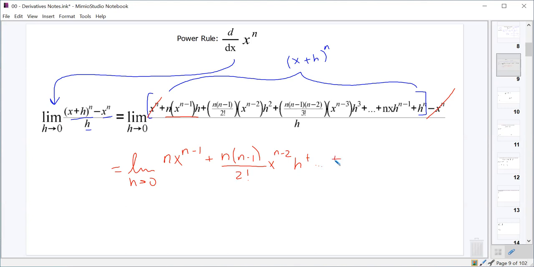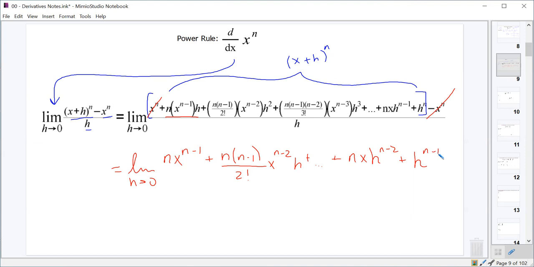And then this second to last one here, if I divide n h to the n minus 1 by h, that should be h to the n minus 2. And then that last one should be h to the n minus 1.